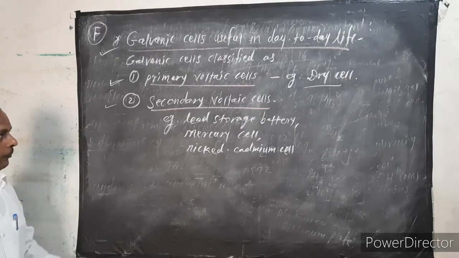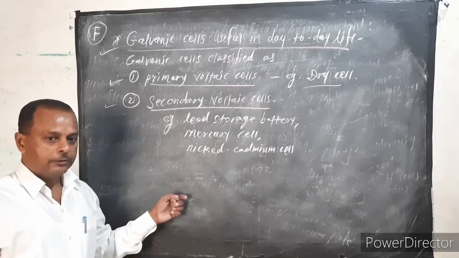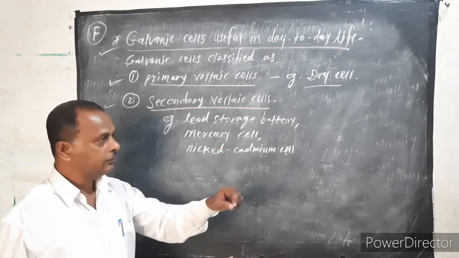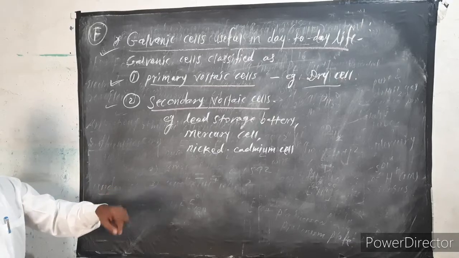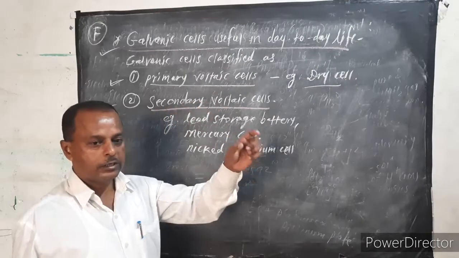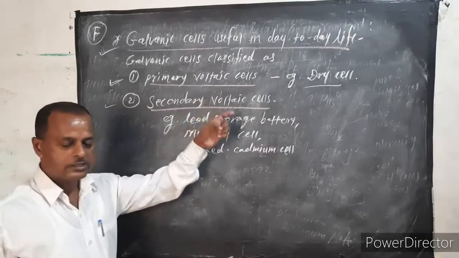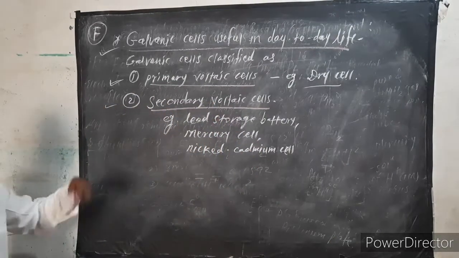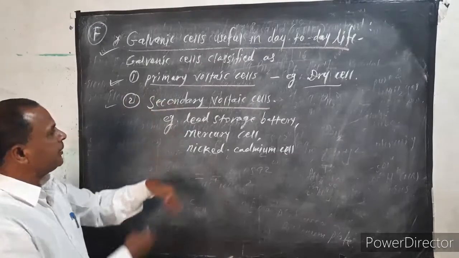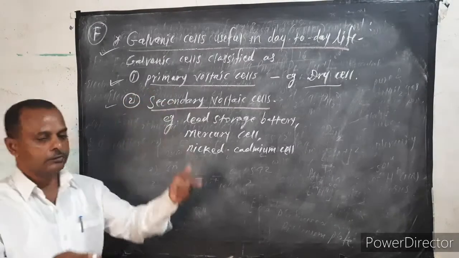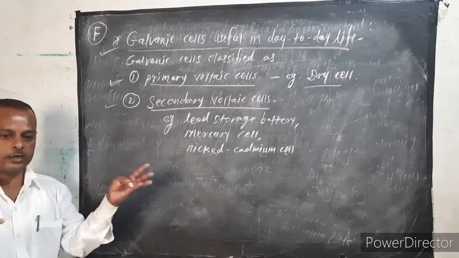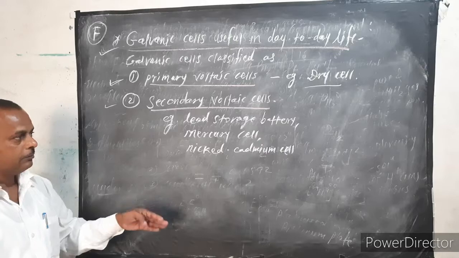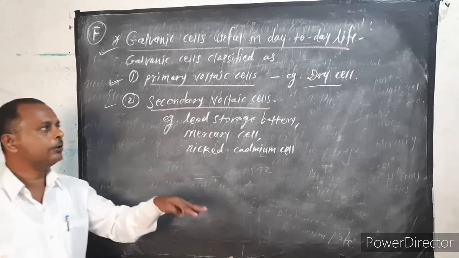Now, in a galvanic cell, when it is discharging during current generation, the chemicals are consumed. Once the chemicals are consumed in a primary voltaic cell, the cell reaction stops. If you try to recharge it, a primary voltaic cell cannot be recharged, and it cannot be recharged by reversing the current flow either.